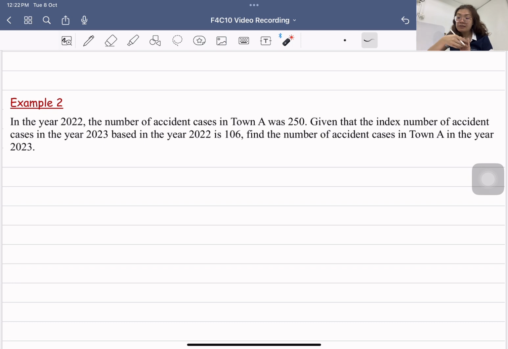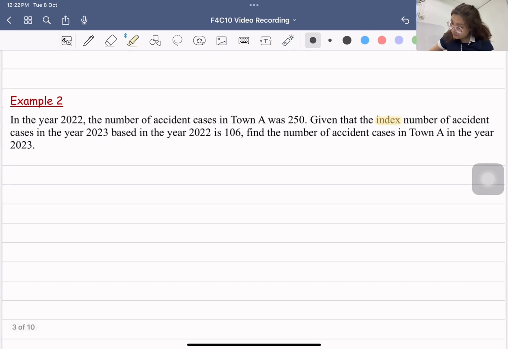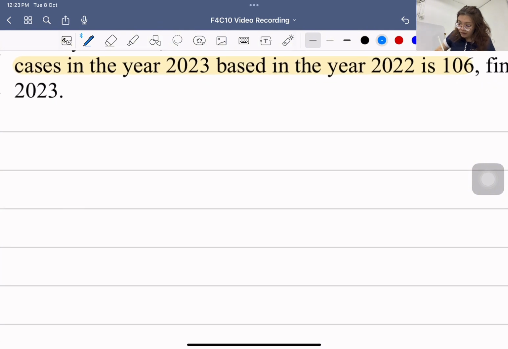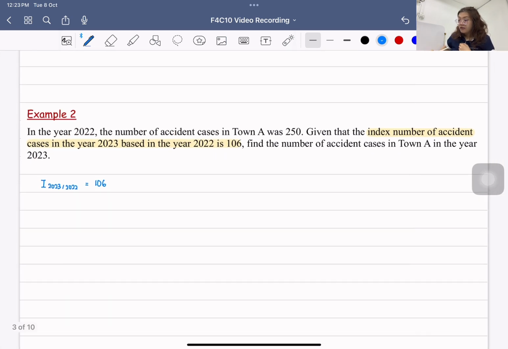Given that the index number of accident cases in the year 2023 based on the year 2022 is 106, we can write this out: I, index number in 2023 based on 2022, is equal to 106. Find the number of accident cases in town A in the year 2023.